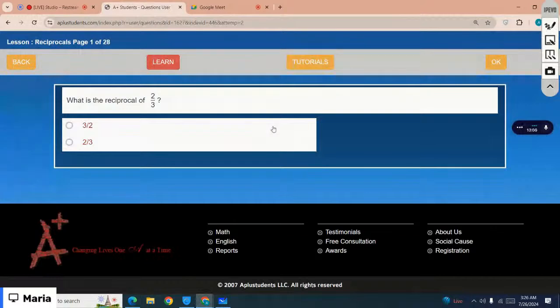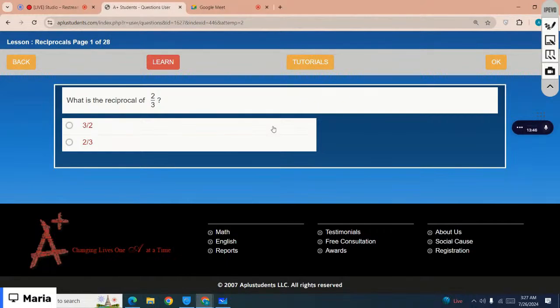What is the reciprocal of 2 over 3? Which is the correct option? The correct option is 3 over 2.